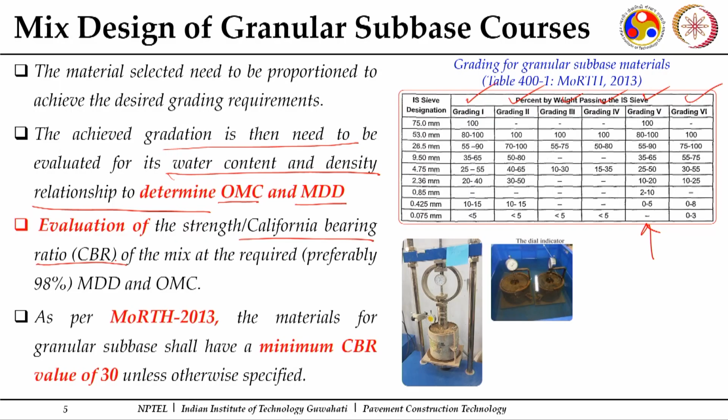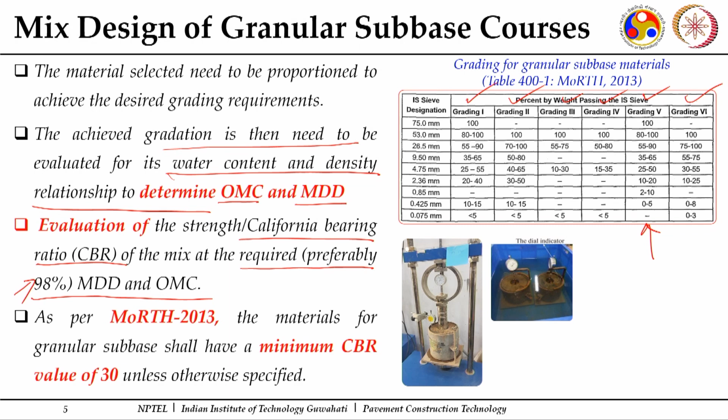While preparing the specimens for determination of the California bearing ratio, the specimens should be prepared at 98% of the maximum dry density achieved, so as to replicate the field situation. The CBR can be determined under soaked and unsoaked conditions, where for soaking, you keep the sample submerged in water for 4 days before determination of the CBR value.